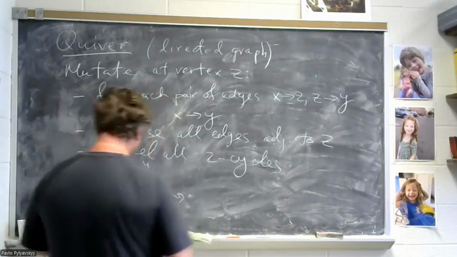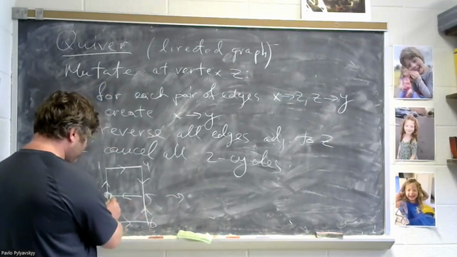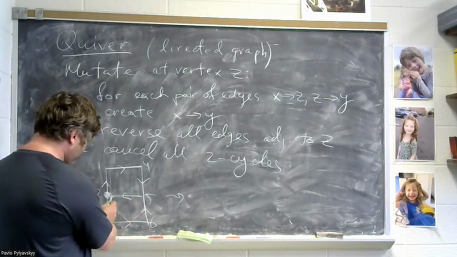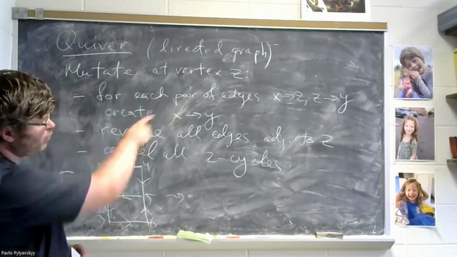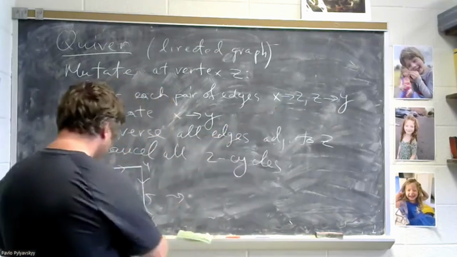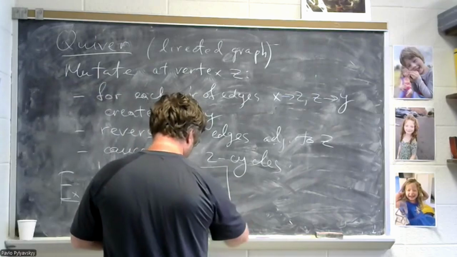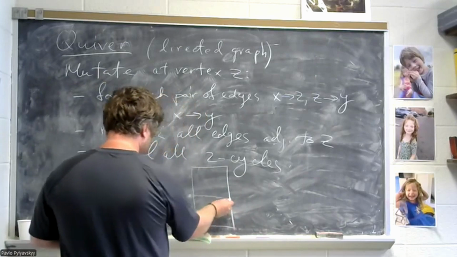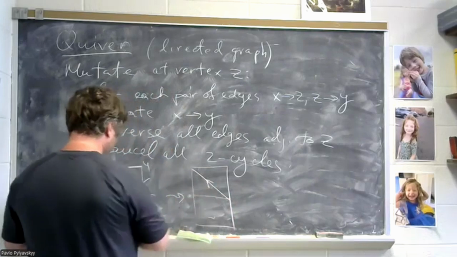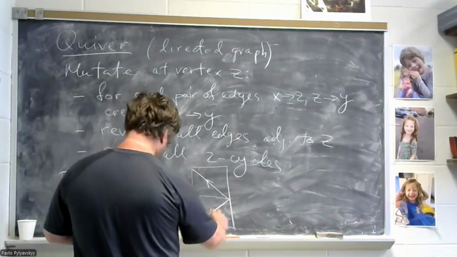What happens? There is this pair of edges going through 2, and there is this pair of edges going through 2, right? There's two pairs like this. One incoming, one outgoing. For each of them, I need to create a direct edge. Here, I create a direct edge from 5 to 1, and I create a direct edge from 5 to 3.